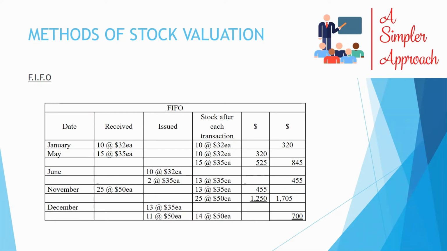So if I'm to sell 24 and I've issued 13, that leaves 11. Where will the 11 come from? The 11 will come from this 25 at 50 that was bought in November. When I give this 11, from 25 it leaves 14. 14 at 50 is 700. This 700 signifies closing stock.